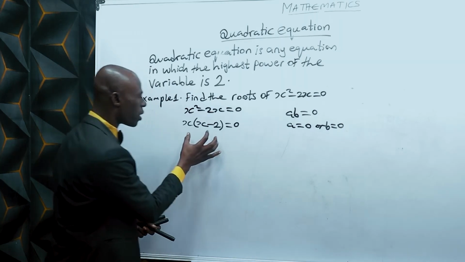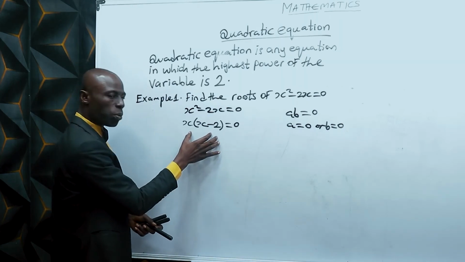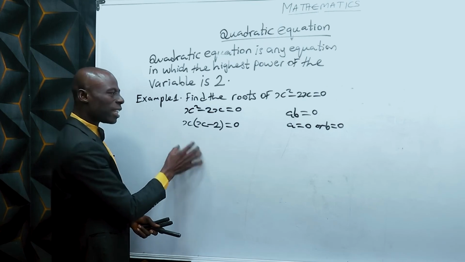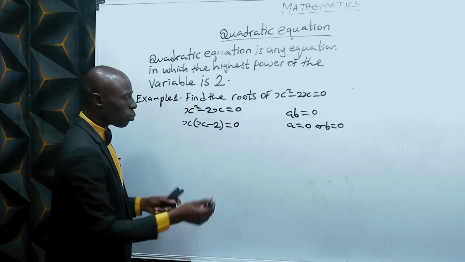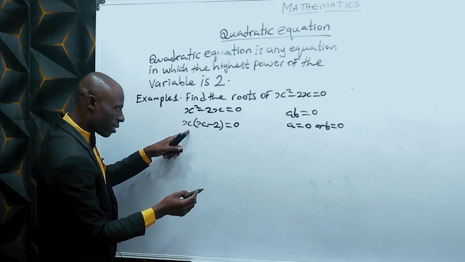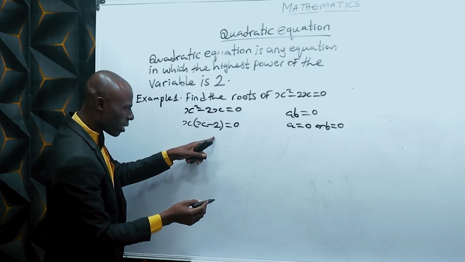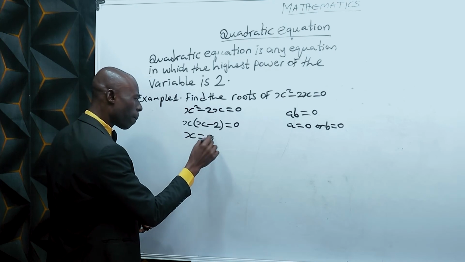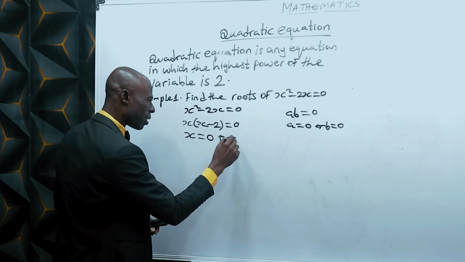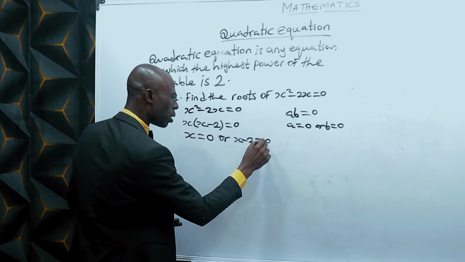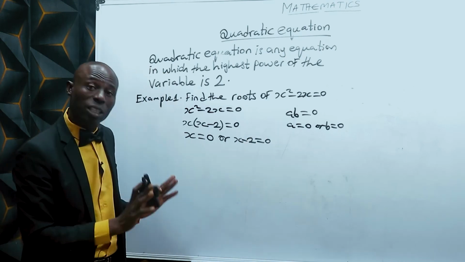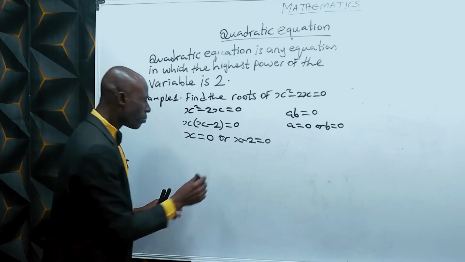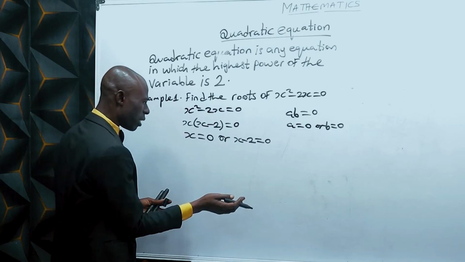So whenever you see 2 things multiplying each other and the result is given to be 0, then you will say this x times this bracket gives us 0. It's either this x is equal to 0 or the bracket x minus 2 is equal to 0. That's going to be your judgment in quadratic equation. And if x is equal to 0, that's the end of that.